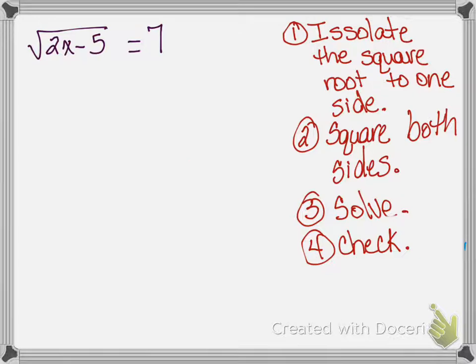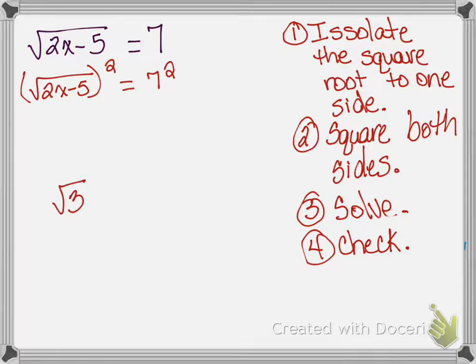So when I square 2x minus 5, I want us to think about what happens if I've got the square root of 3 and I square that. If I've got the square root of 3 and I square it, that's the square root of 3 times the square root of 3, which is the square root of 9.